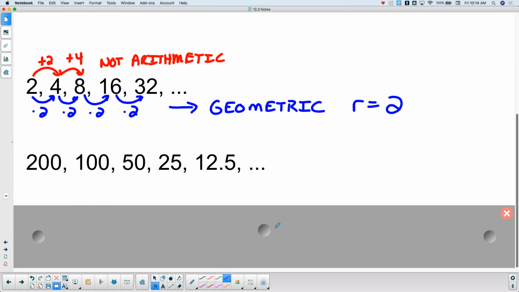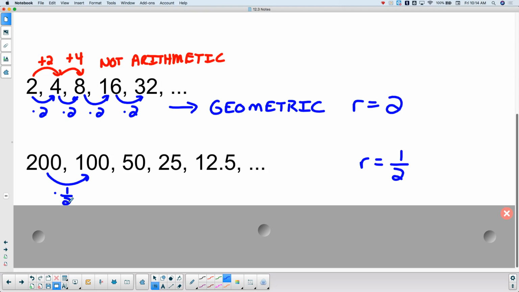Half? Okay. If you don't see that the ratio is 1/2, we can take any term: 100 divided by 200 simplifies to 1/2. 50 divided by 100 simplifies to 1/2. 25 divided by 50 simplifies to 1/2, and so on and so forth.